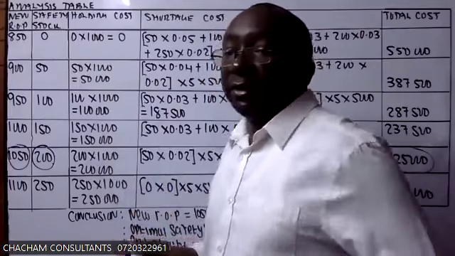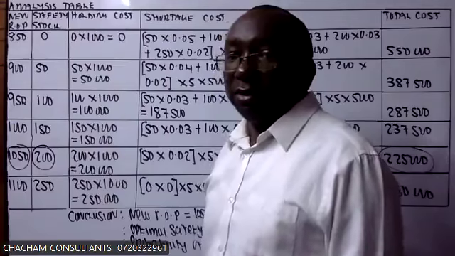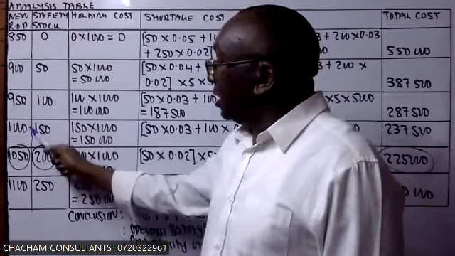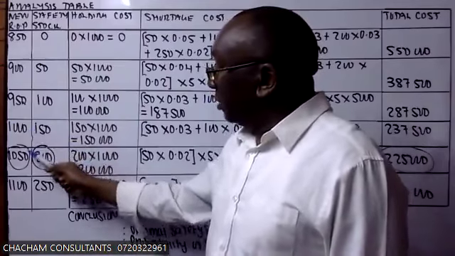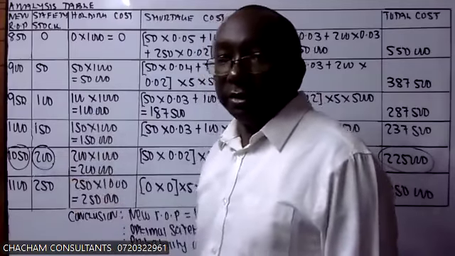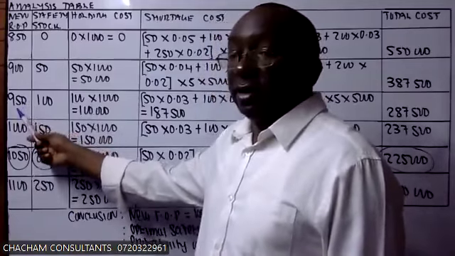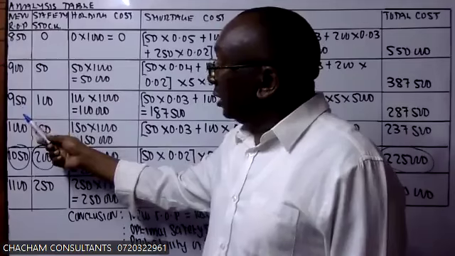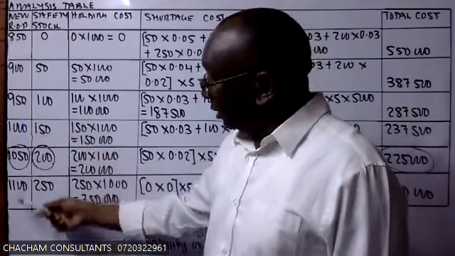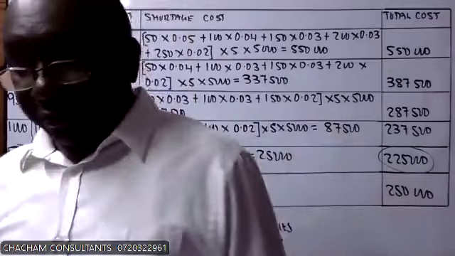If you found, for example, this 950 to be the optimal, the probability of being out of stock will be the probability of 1000 plus the probability of 1050 plus the probability of 1100. It is the sum of the probabilities that are below that. I hope that point is clear.